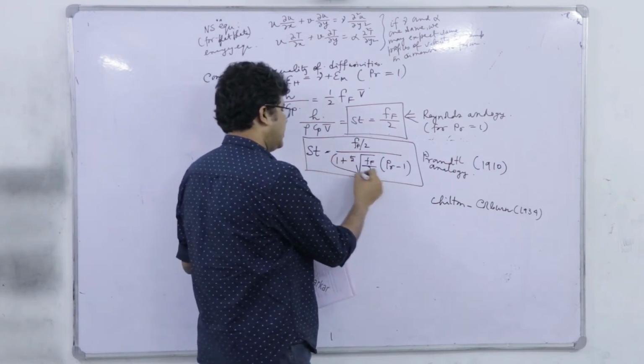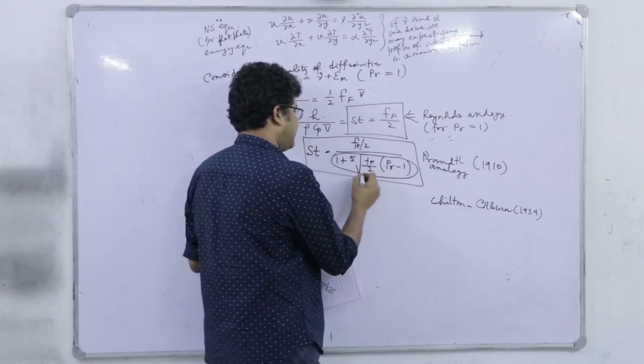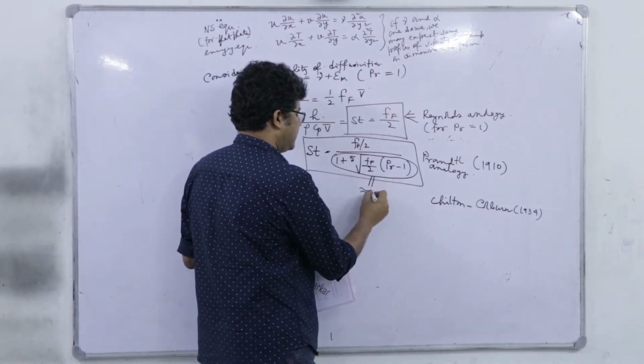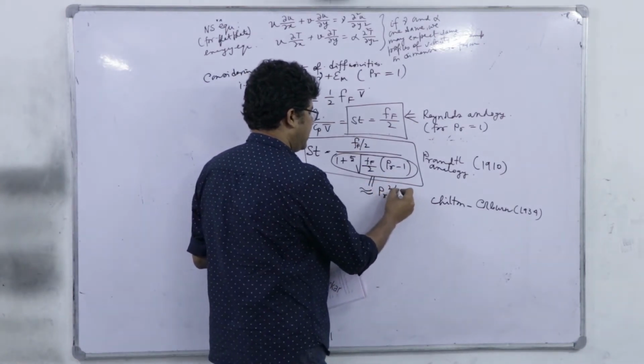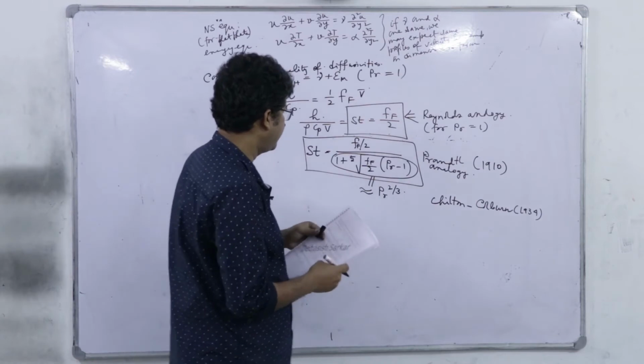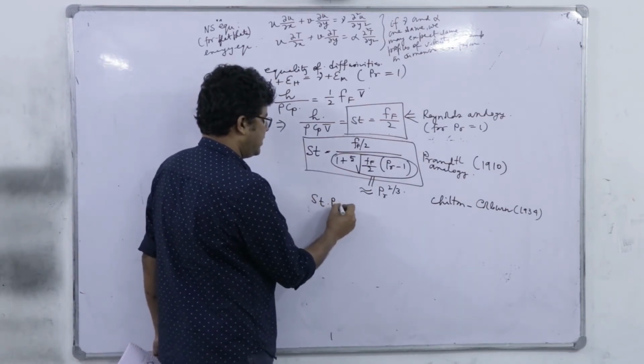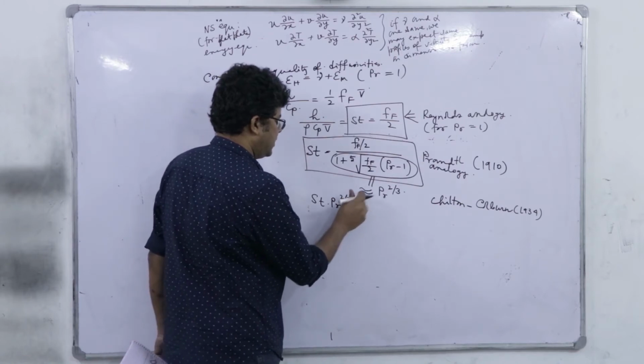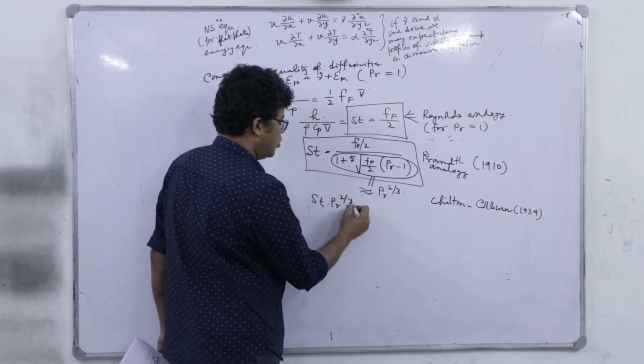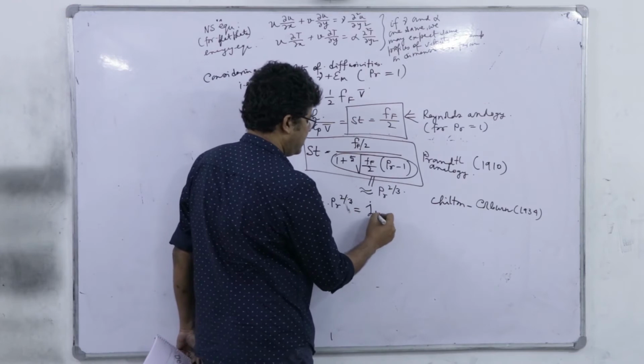How they replaced it, we will discuss later, but we will not be following this route. This was approximated as Prandtl number to the power 2/3. And they defined Stanton number into Prandtl number to the power 2/3 as the Chilton-Colburn factor jH.